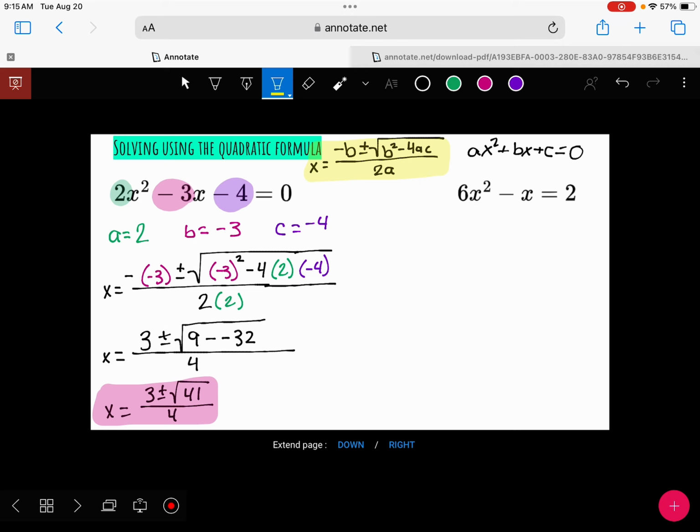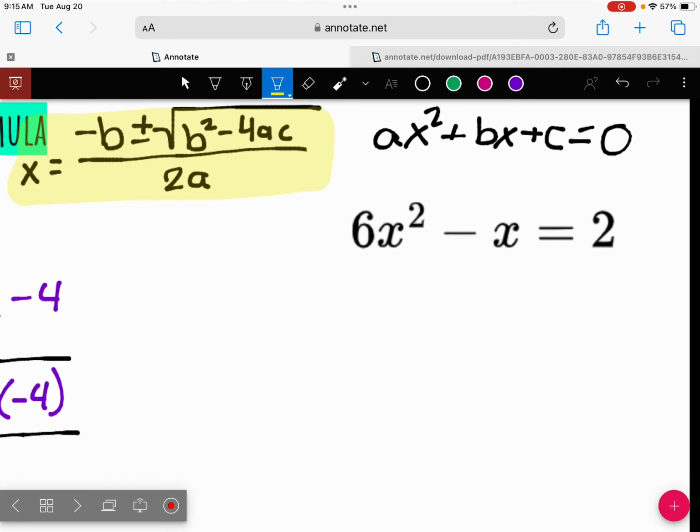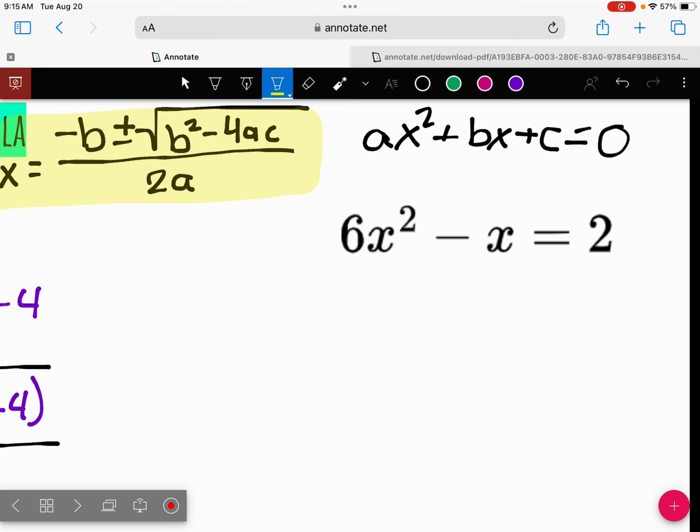It's fantastic. Okay, so we're going to try this again. I'll zoom it in, but I'll leave the quadratic formula up there for those of us that still need to write it. So here's our right-hand one up here. I've got 6x squared minus x equals 2. What is my first step going to be? Set it equal to 0. We got to subtract 2.